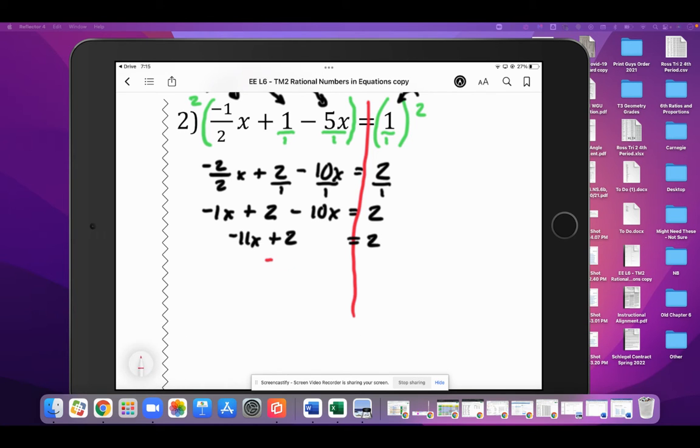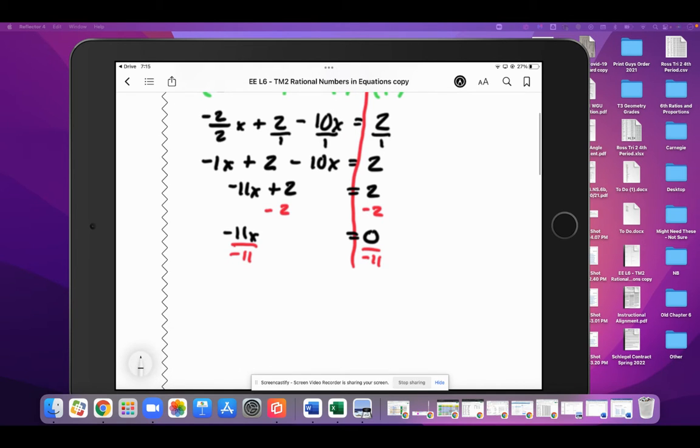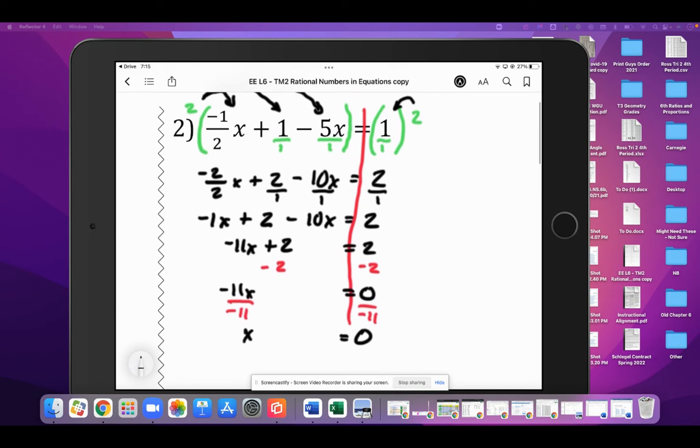So we would subtract 2 from both sides. We get -11x is equal to 0. We divide by -11. We get x equals 0.